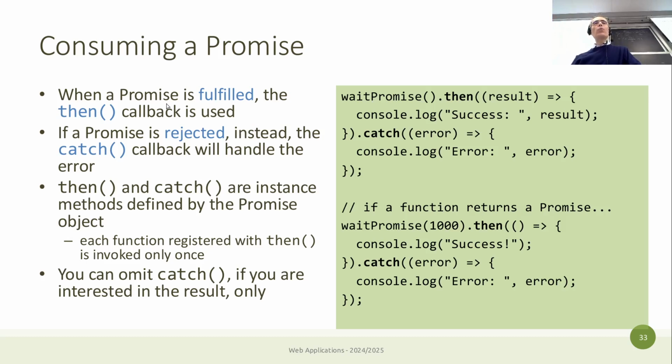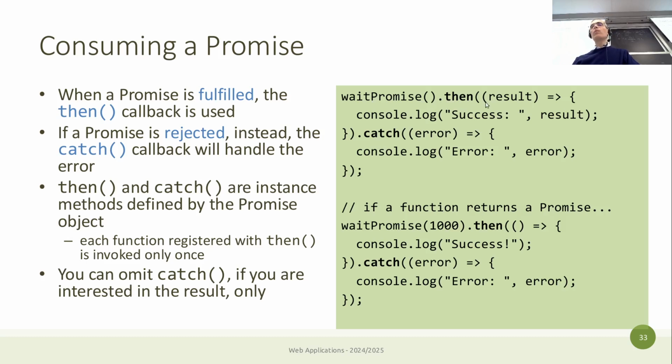Well, each promise object has a certain number of properties, and actually these are methods because you can call them. Okay, so it has at least 2 methods, the .then and the .catch. So the waitPromise return value is the promise, and you can call on this .then or .catch.